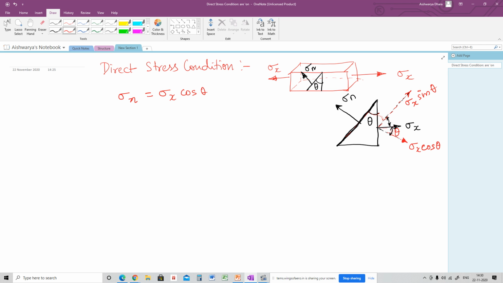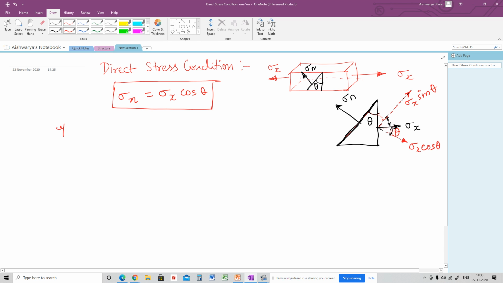Yes, ma'am. So this is the main equation for the direct stress condition. This is the main equation for the direct stress.